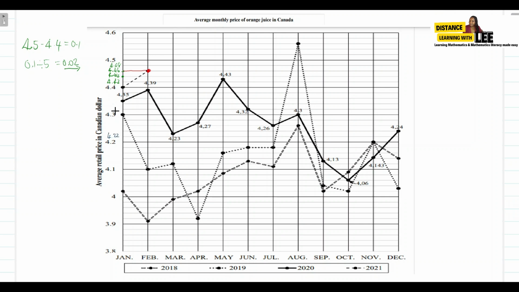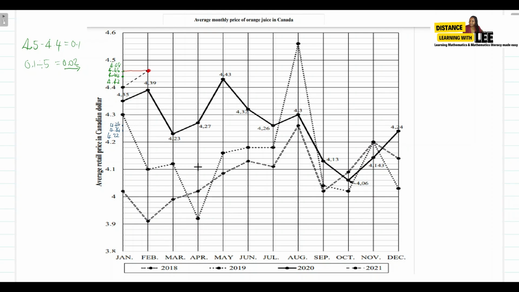Plus 0.02 is 4.24. Plus 0.02 is 4.26. Okay, that is that point there.